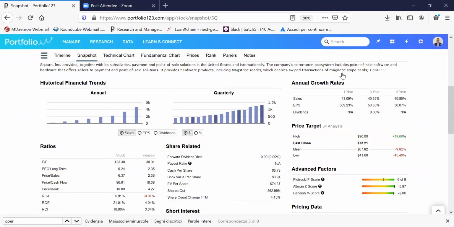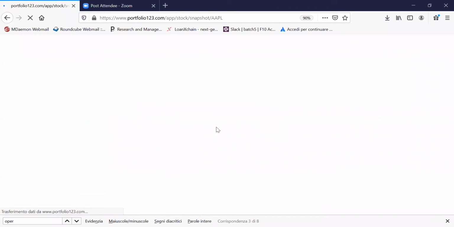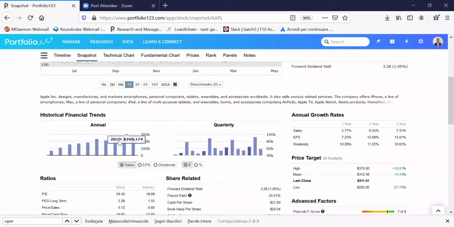In the Apple example before, we saw that Apple's payment to shareholders is pretty high, but it wasn't so until a few years ago, when the growth of Apple, as you see here, came to a plateau and didn't rise as much as it did before. And so management decided that it was time to pay back to shareholders what they owed.